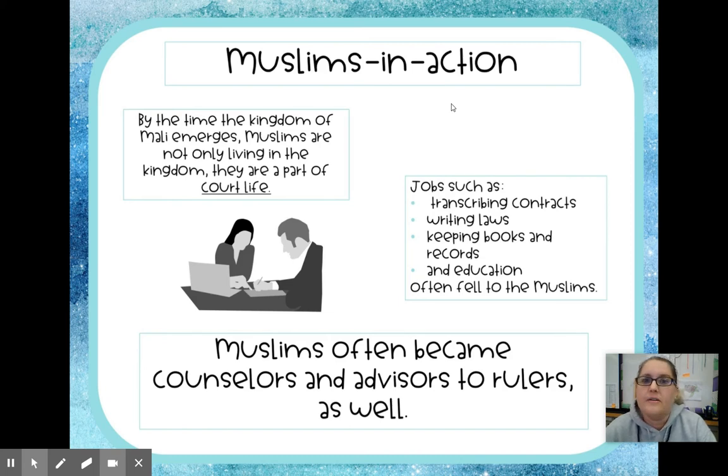Now, another very important job that Muslims began to take was to become counselors and advisors to the rulers. And we all know that the greatest ruler is only as powerful as his advisors, the people who are helping him and giving him ideas on what to do. And now in the kingdom of Mali, we have Muslims taking over those jobs.